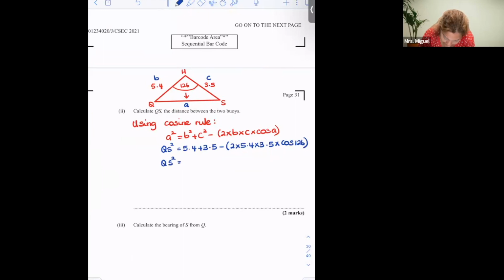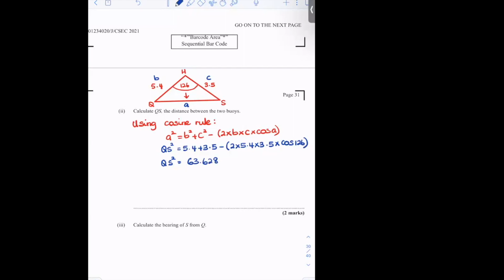When I put everything in the calculator, I get 63.628. Did you all get that?